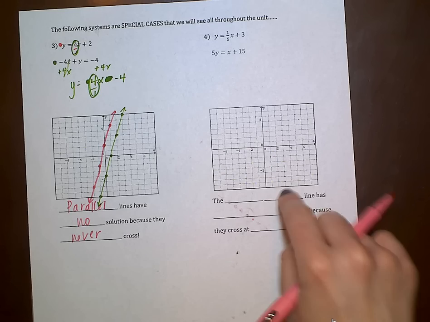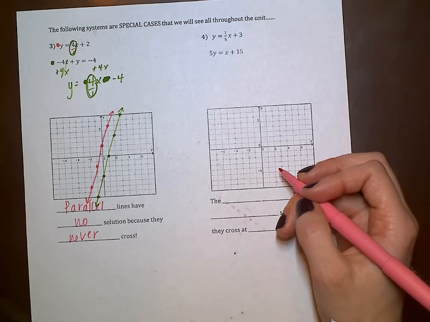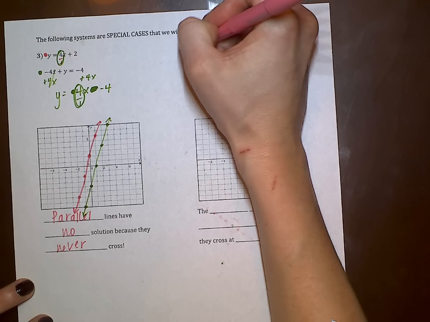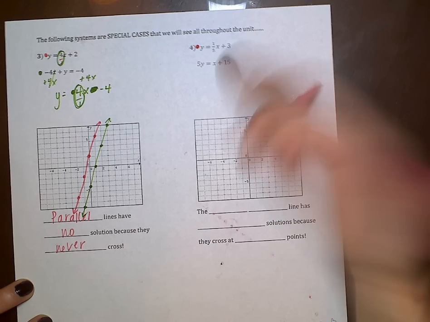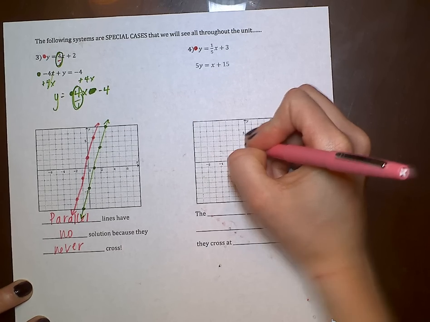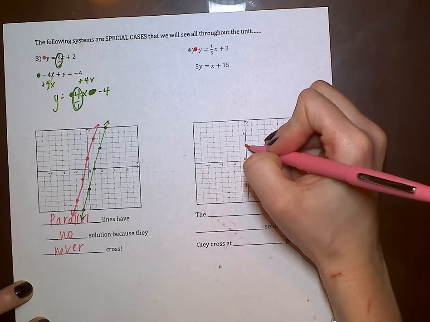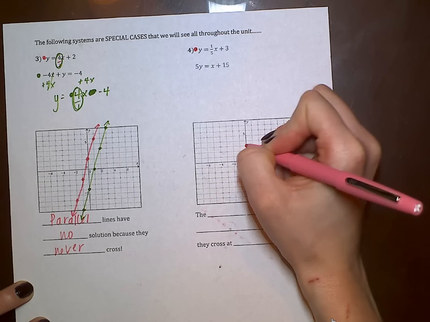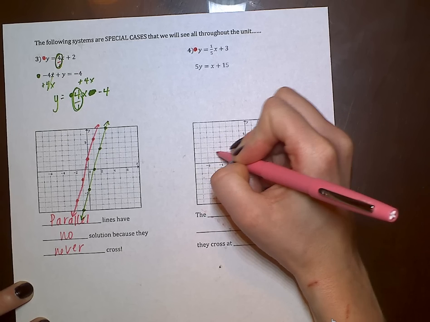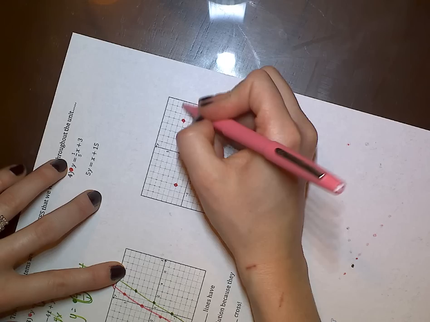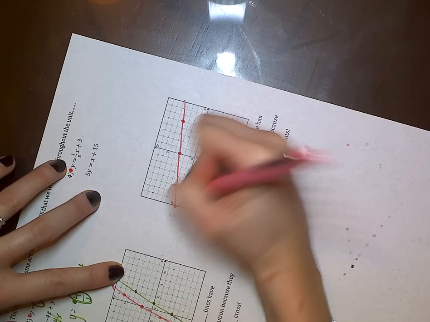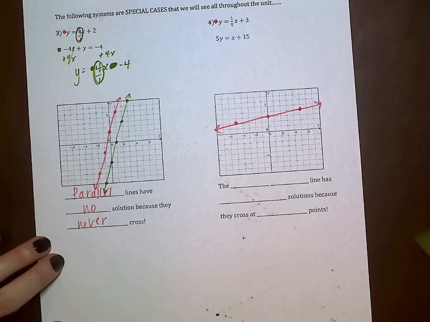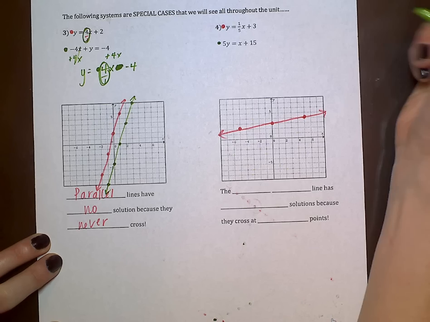Okay, number 4 is a different special case, but again, I probably wouldn't notice that just by looking. So I would just graph them like any other example. So the y-intercept's 3, I'd go up 1 and right 5. I could also go down 1 and left 5. Okay, the second line I see is not an mx plus b.